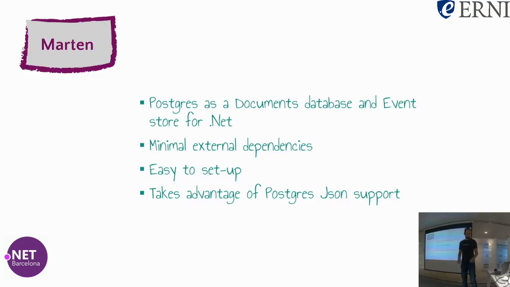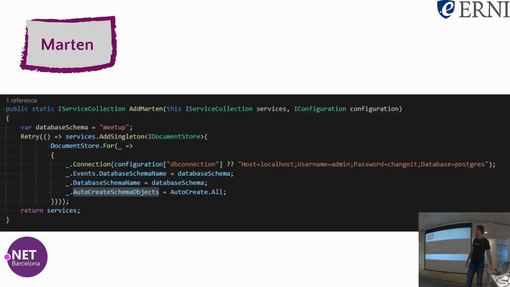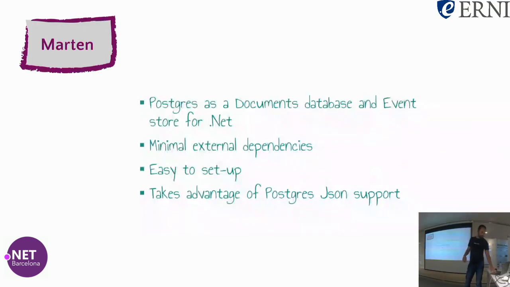Well, let's see how it works. This is the way to set up the library. It's really easy, it just needs a connection string. I don't know if I mentioned, Marten works both as an event store and a document database. It's a library that allows you to use Postgres to take advantage of its JSON support.